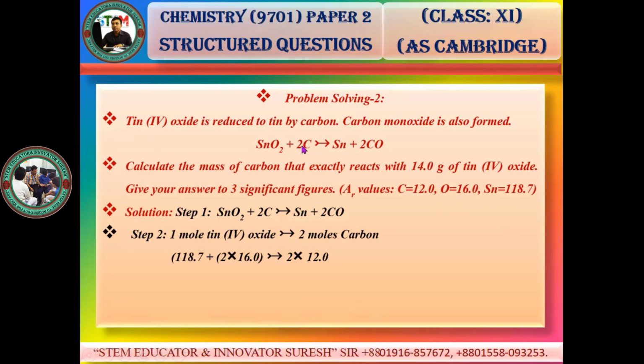Step 1, we have to write the equation given, and it's already balanced. Tin(IV) oxide, 1 mole, reacts with 2 moles carbon, forming 1 mole tin and 2 moles of carbon monoxide.